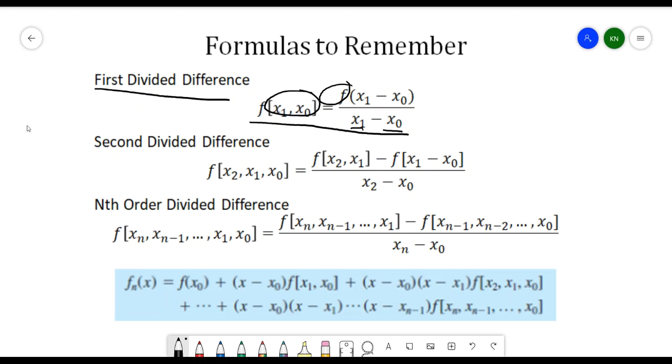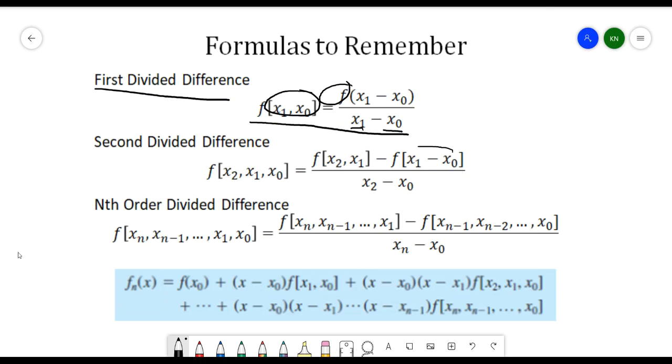The same goes for the second divided difference, which is the subtraction between the result for x sub 2, x sub 1 and x sub 1, x sub 0.